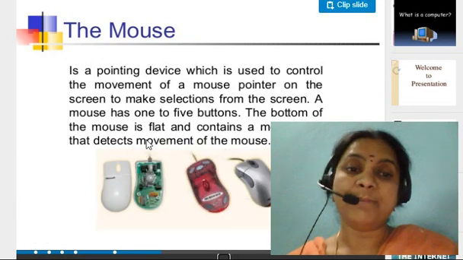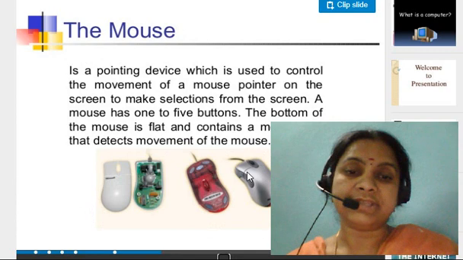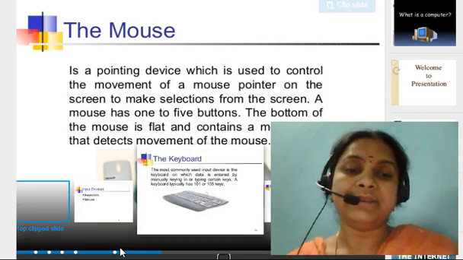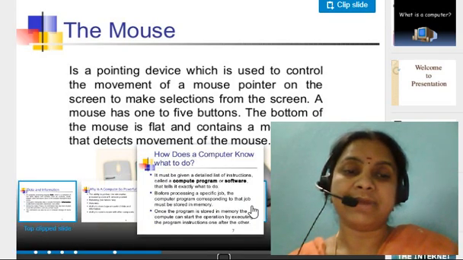And now the mouse. See here, in the mouse we have three buttons: left button, right button and the scroll button. Scroll means the ball will be there. This scroll is used to move up and down, or left and right. See, I am moving one by one.